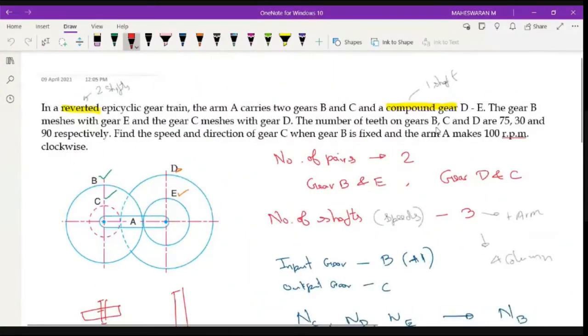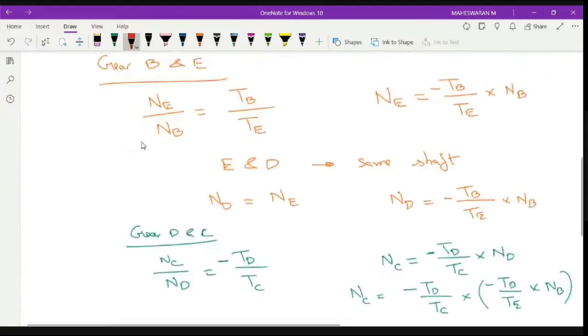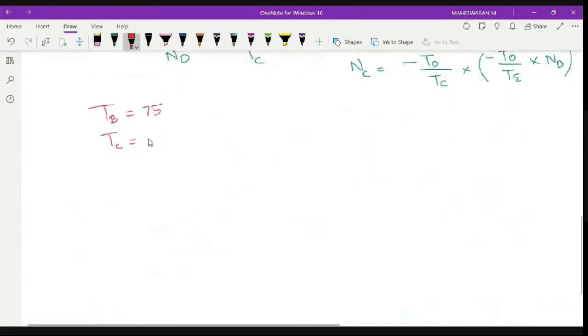In the given data, what things are available? The numbers of teeth for B, C, and D are given. B is 75, C is 30, and D is 90. Let me write it here. TB is known, 75. TC is known, 30, and TD is also known, 90.